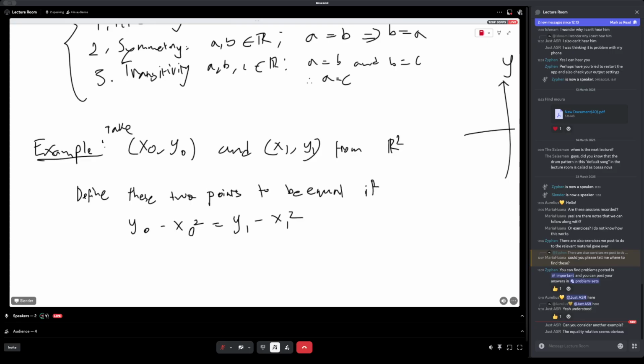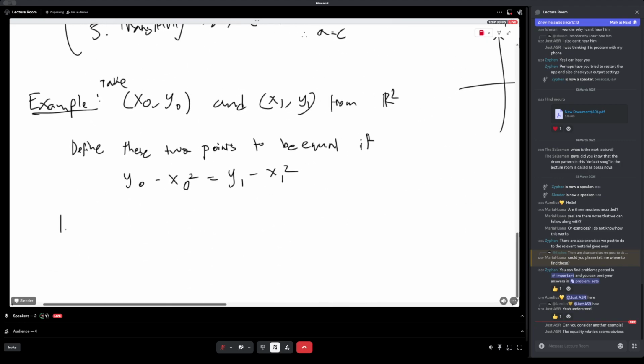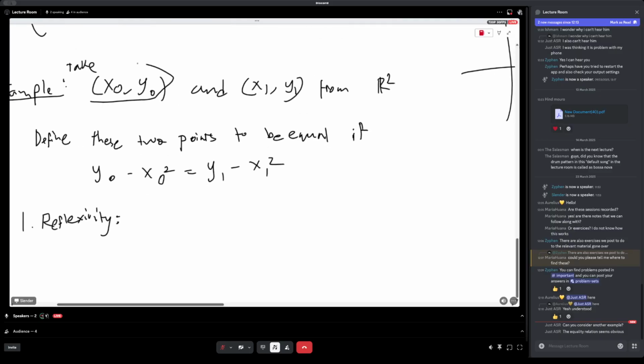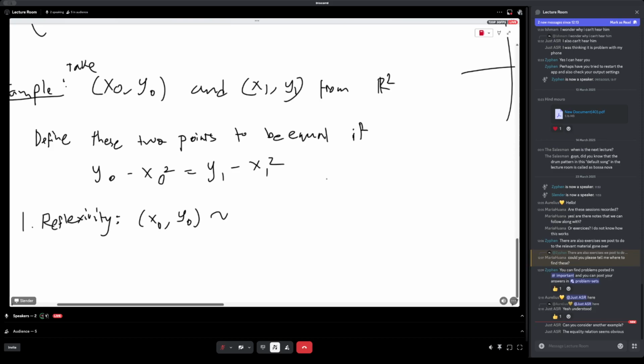It can be very arbitrary, but you can define this equality. This is an equivalence relation because firstly, we have reflexivity. Let's just consider this point x0, y0. It is in relation with itself. Let's put this sign for the equivalence relation, tilde, to show equality.